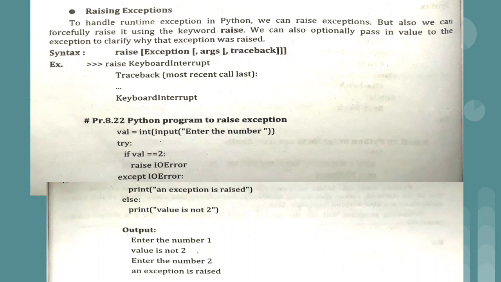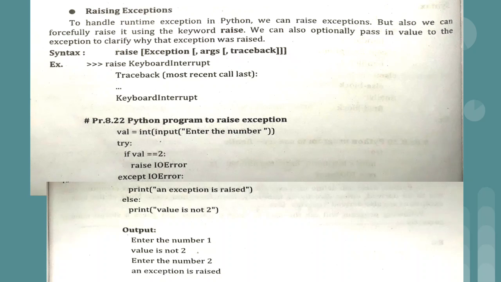So just see the example. Again we have taken one number, and that number should be integer, and then after taking the number we are storing the value of the number inside val variable. Then we have try block. If val equal to 2, means if we have entered the input as 2, then I want to raise exception, that is IOError.